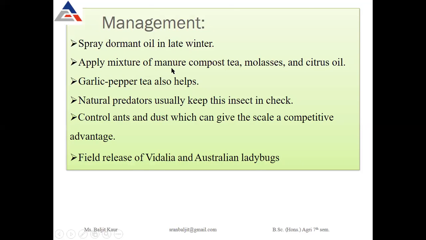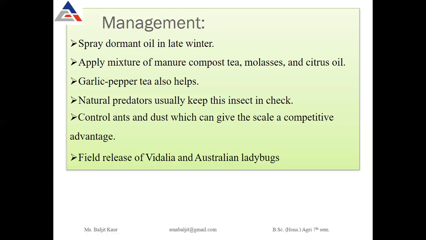And for the management of scales, we should spray with dormant oil in the late winter. We can apply a mixture of manure, compost tea, molasses, and citrus oil. Garlic pepper tea also helps to control this insect. And there are some natural predators, and these natural predators can check the scales. Control ants and dust, which can give the scale a competitive advantage. So if ants are there, then it will give an advantage to scales.